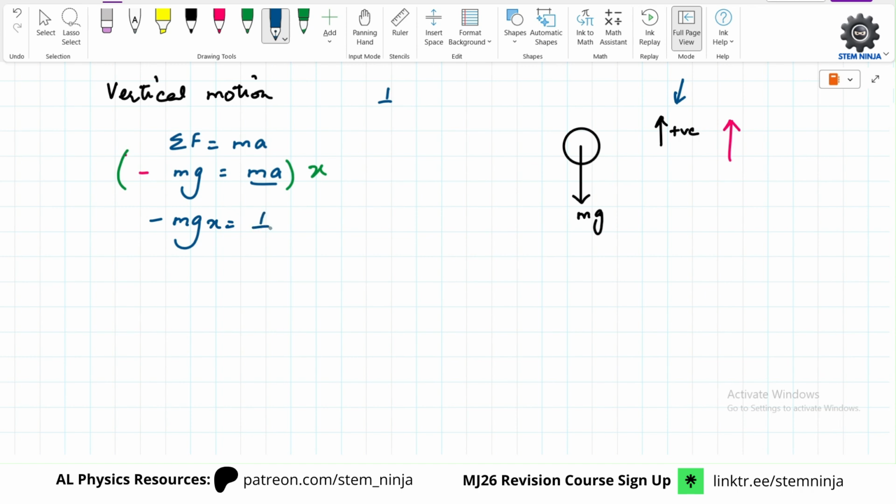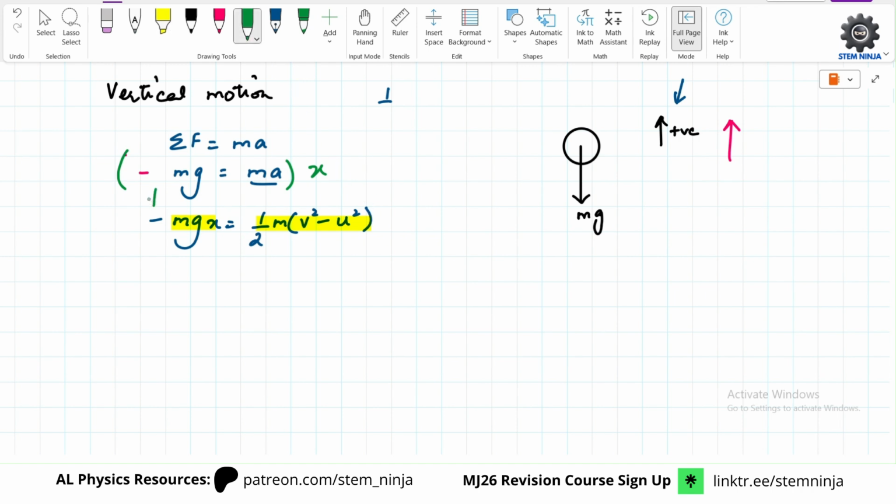This will turn into change in kinetic energy. So this thing, mgx, is your change in gravitational potential energy, and this thing is your change in kinetic energy.